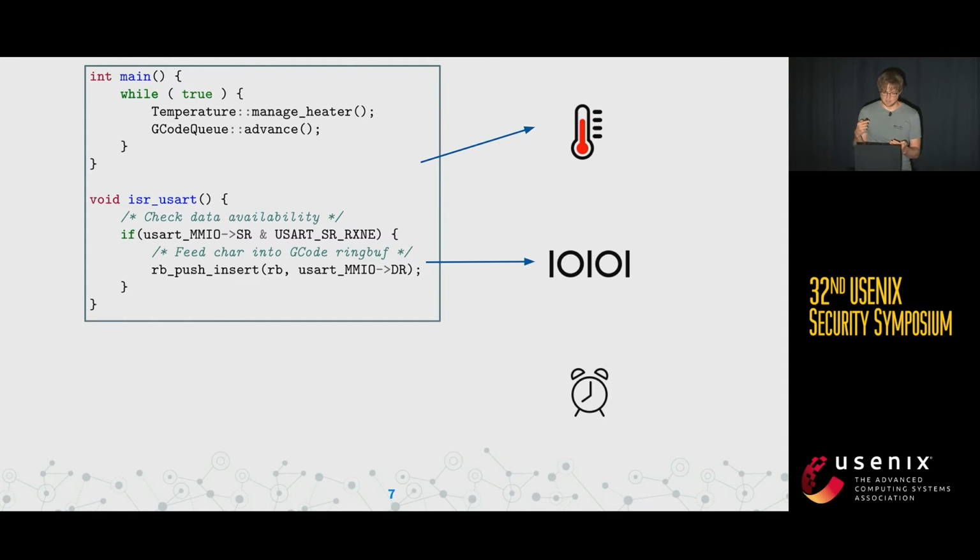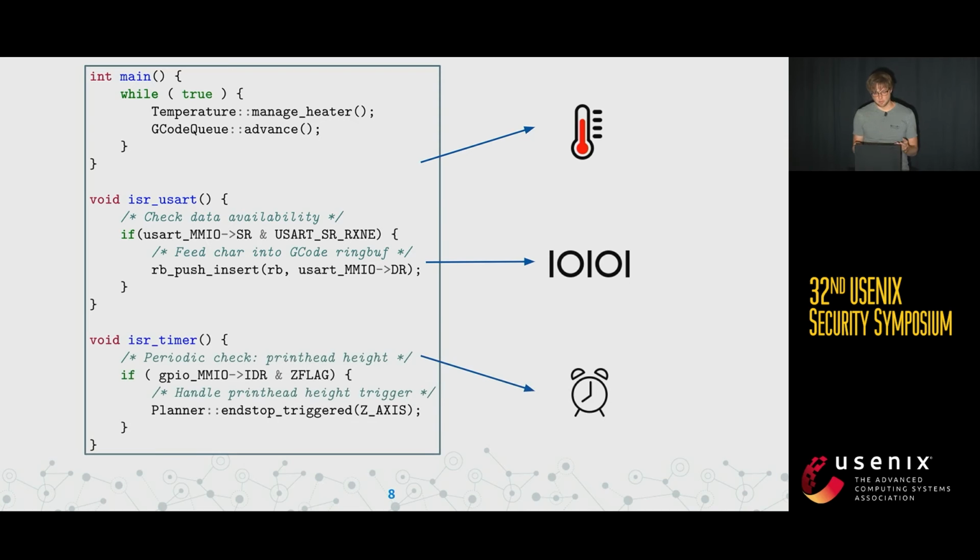If there is, the next byte of input is taken and pushed into the so-called G-code queue, which holds the G-code that tells us how to do the 3D printing.